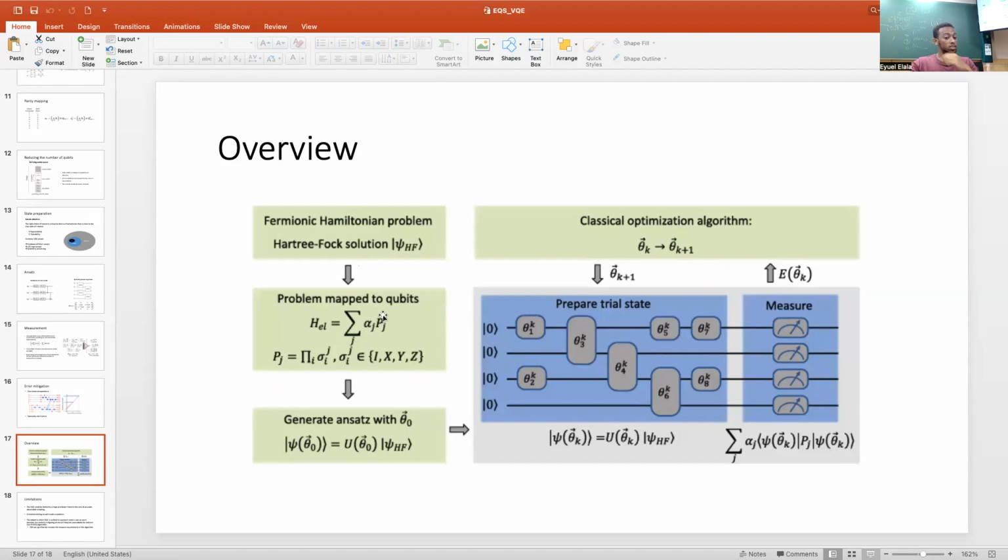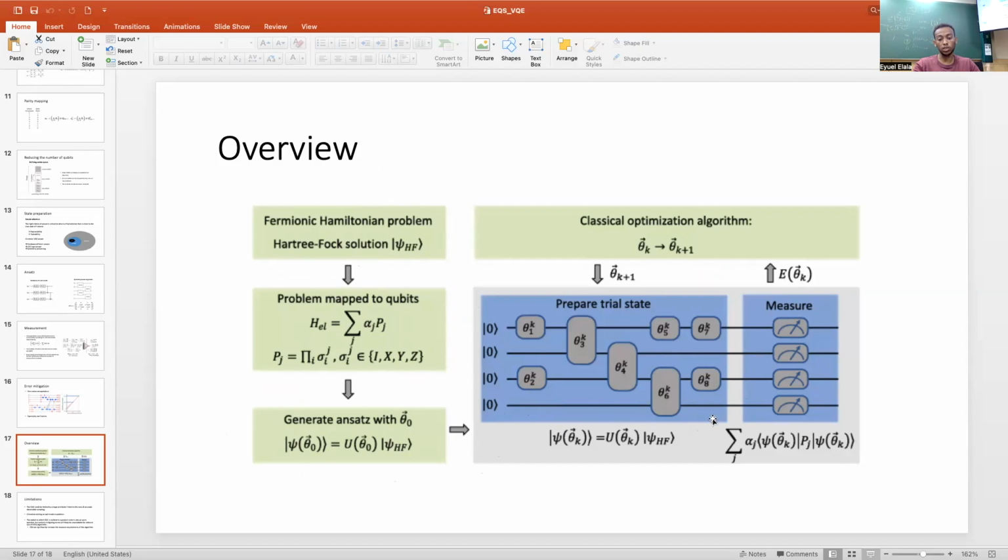So yeah, this is the overview of the whole algorithm. We have the problem description in terms of fermionic Hamiltonian. It's mapped into qubit Hamiltonian, and then we search for the trial wave function through some sort of ansatz. And after we prepare the trial wave function, we do measurement.